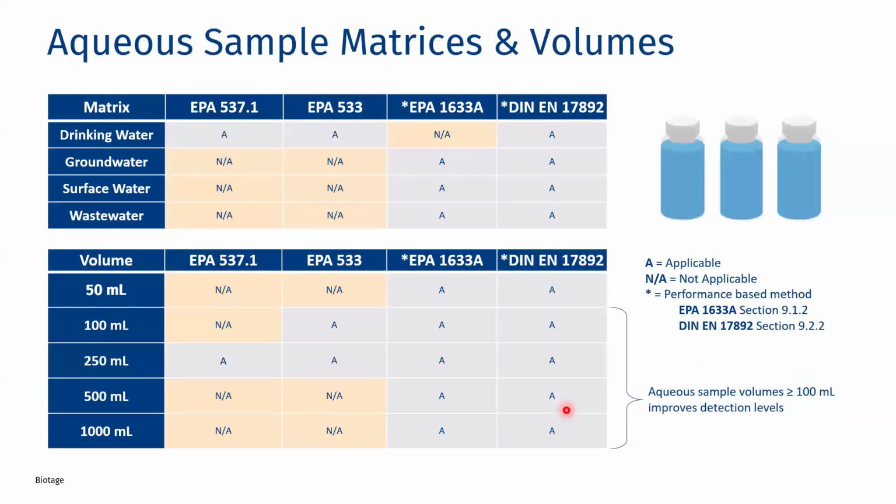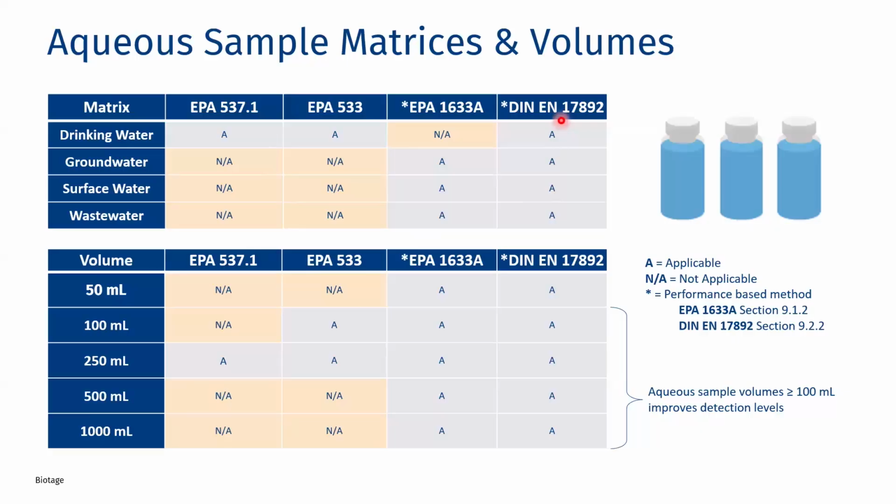Since the Biotage Prep Expert 8 is ideal for aqueous samples, let's take a look at the different EPA methods alongside the DIN method and see what matrices are referenced in these methods. As you can see, EPA 537.1 and 533 are referencing drinking water samples, whereas the EPA 1633A method references ground, surface, wastewater, and other solid matrices.